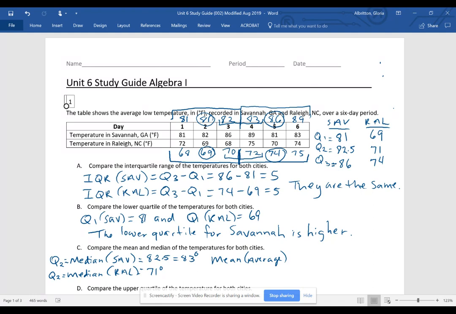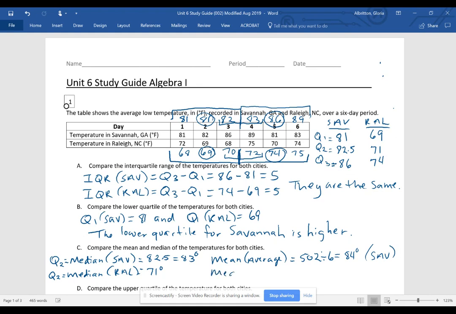So, for example, Savannah, when I add up all of the temperatures, I get 502. And since there's 6 temperatures, when I divide by 6, I get 83.67. So I'm going to round that to 84 since it's temperature. And again, this was Savannah.